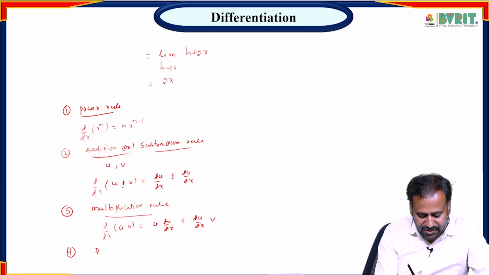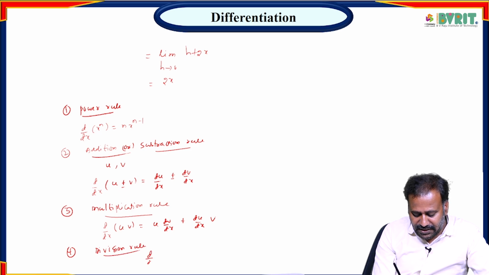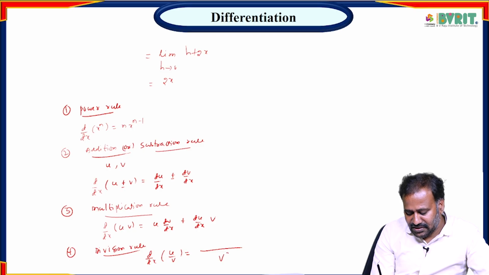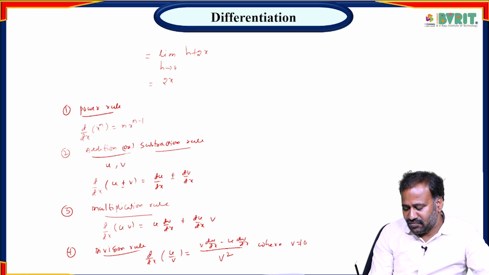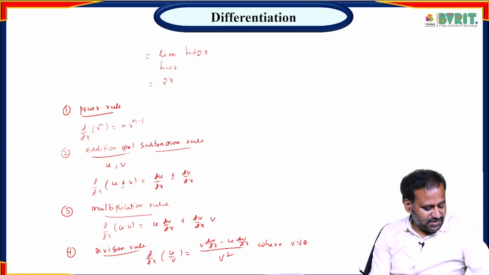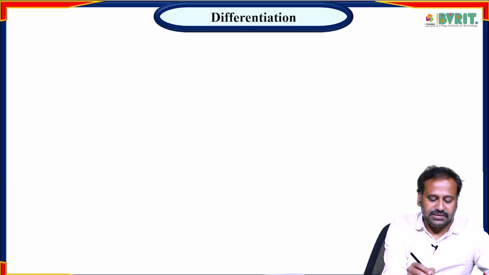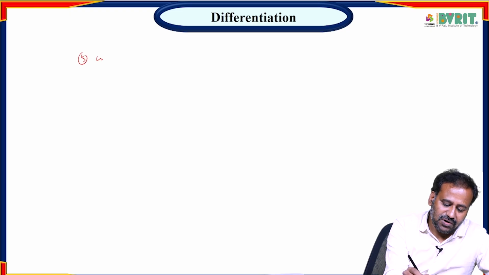Next, division rule or quotient rule. d by dx of u by v is equal to (v into du by dx minus u into dv by dx) divided by v square. One important thing you have to remember, the function v of x should not be equal to 0. Next, last one, the constant rule.